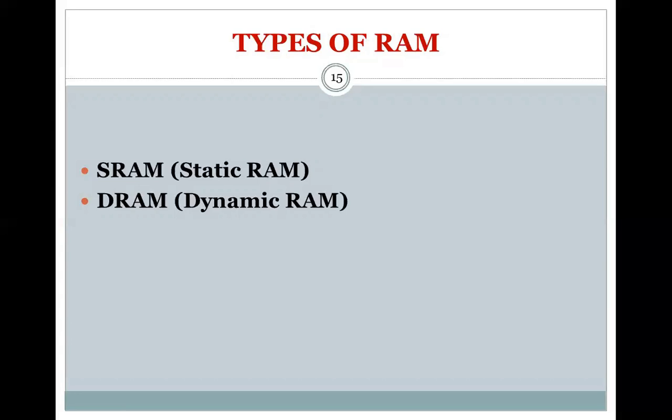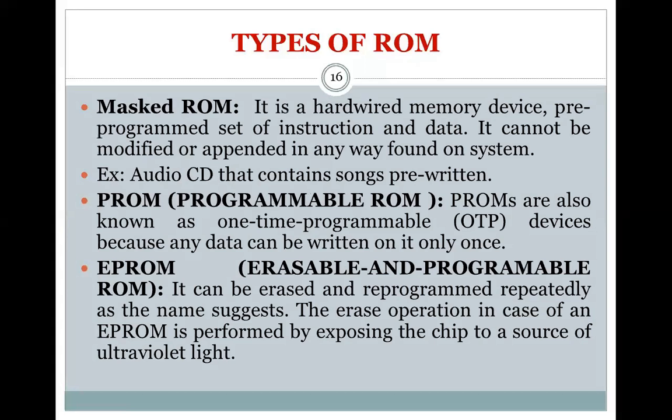Because of the capacitor, which loses its data a little bit, the data you read may not be a perfect logic of the data which you have written. That is why it periodically requires a refresh of the data stored in the DRAM. By refreshing the data several times a second, the DRAM controller keeps the contents of memory alive for a long time. So that is the major difference between SRAM and DRAM.